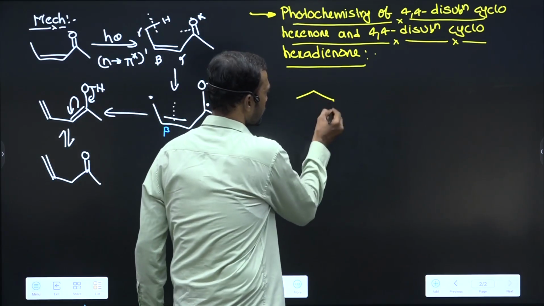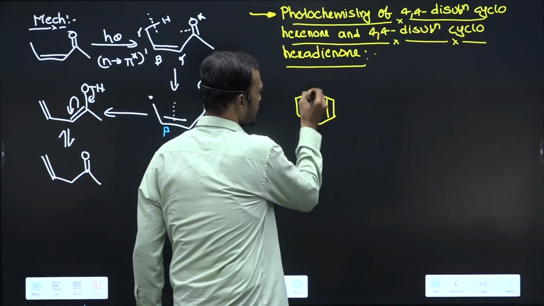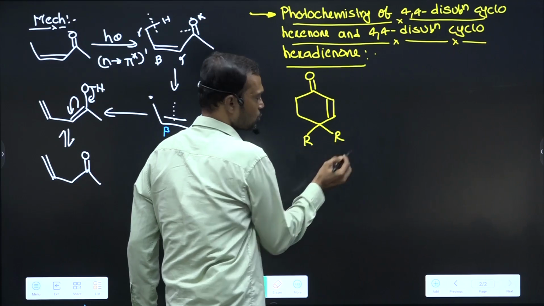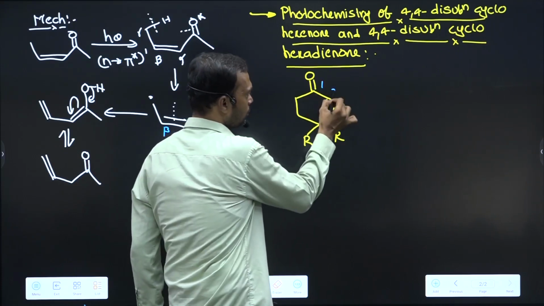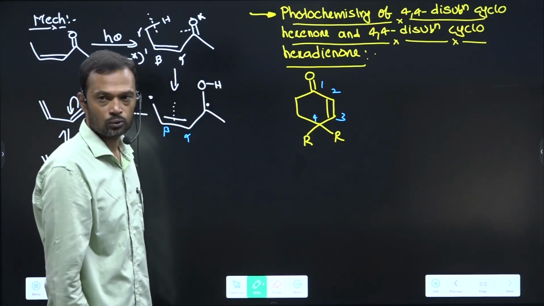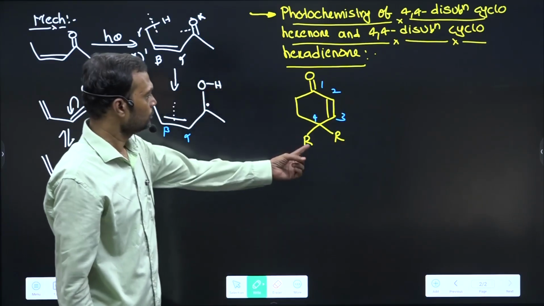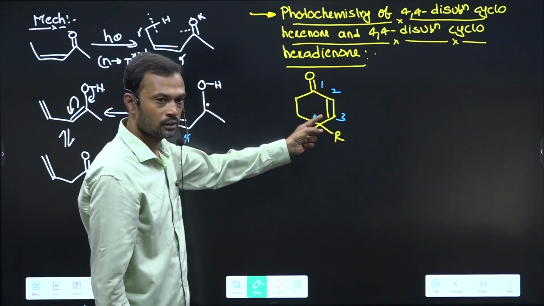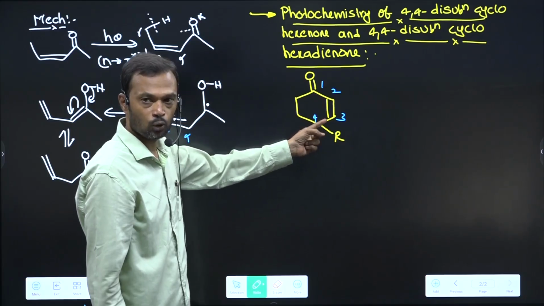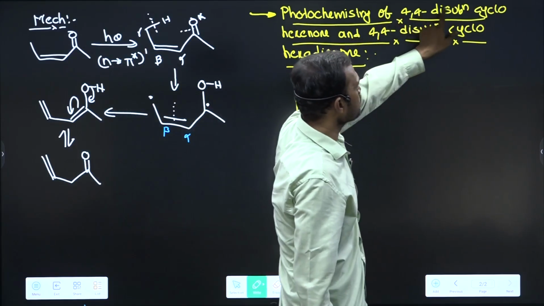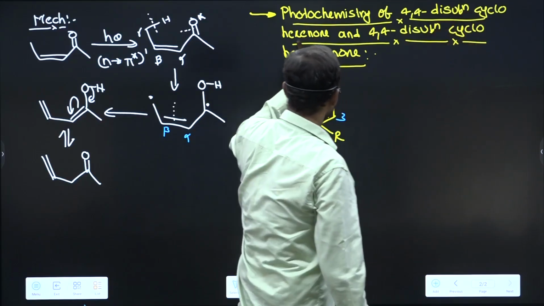So what does this reaction say? See, here I am writing R and R, R, R. So what is this? 1, 2, 3, 4. 4,4 dialkyl cyclohexanone. 4,4 dialkyl cyclohexenone, where ene means double bond. This one is 4,4 disubstituted cyclohexanone.